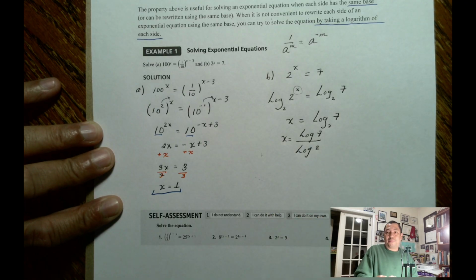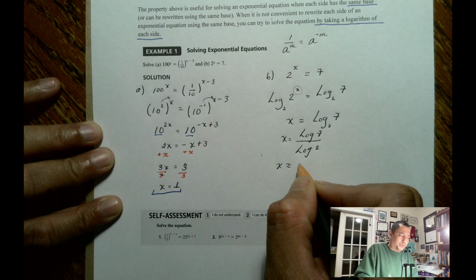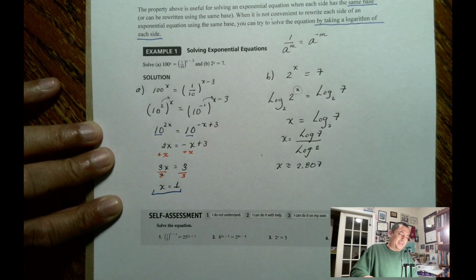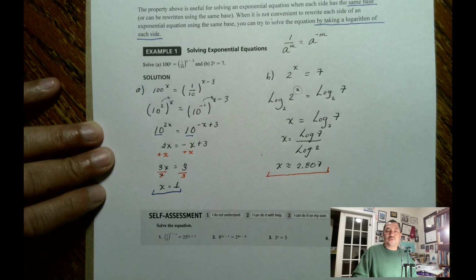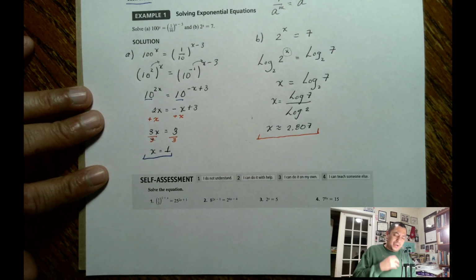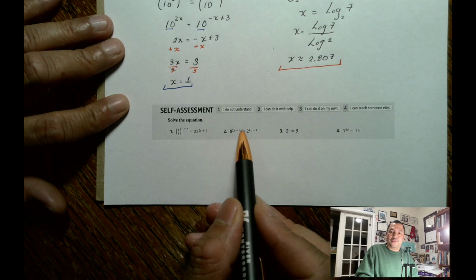If we plug that into the calculator, we get that x is approximately equal to 2.807. And this is going to be my solution to this problem. We're going to give it a try in the self-assessment later. Let's give this example number 2 a try.